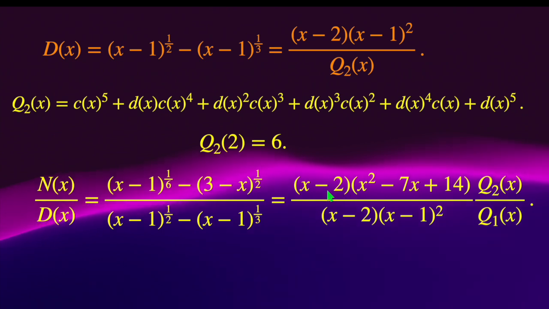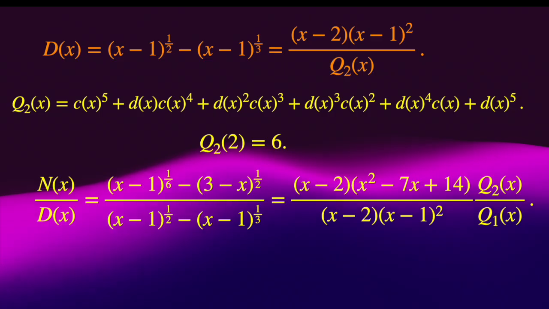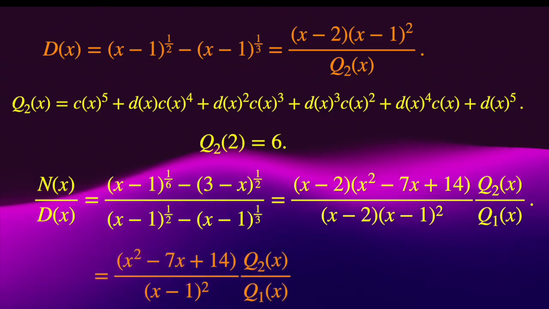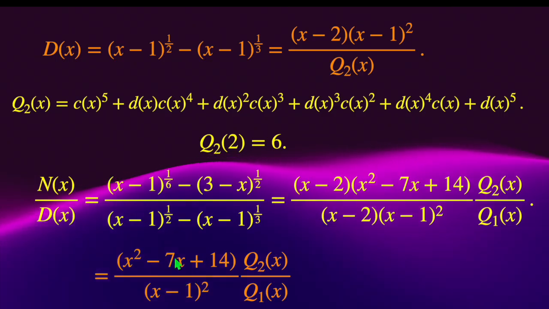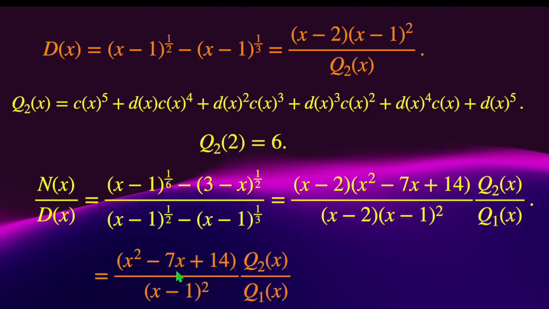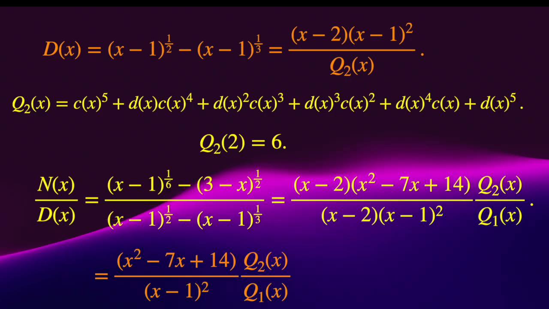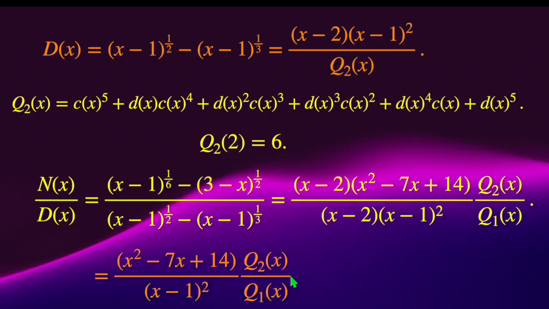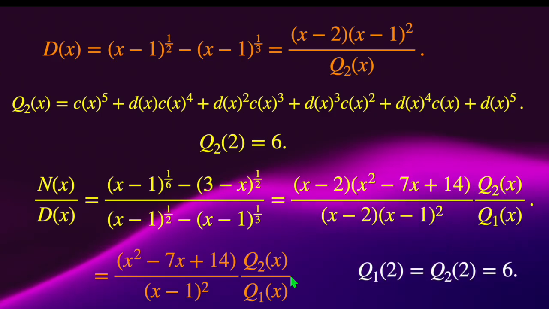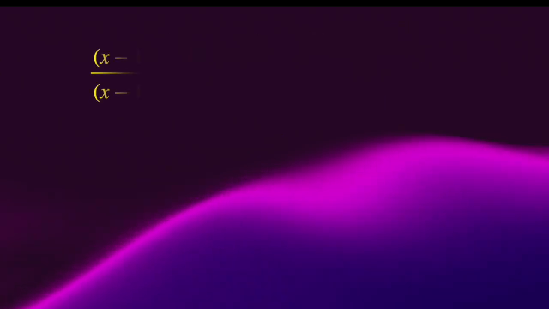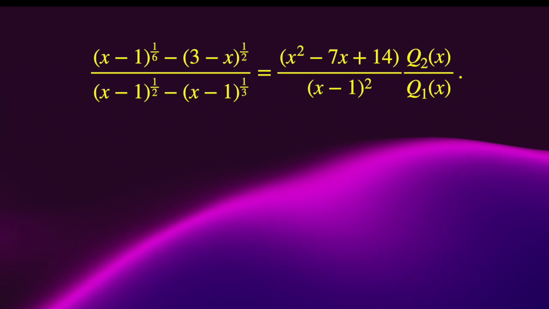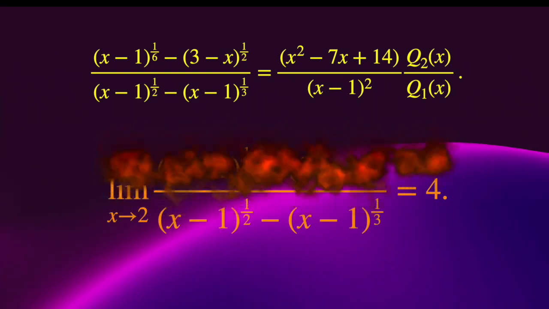It's the way to resolve the indetermination, and finally we get this expression. Now we can plug x equal 2 in this quantity and get something which is not an indeterminate form, and we will get our limit.